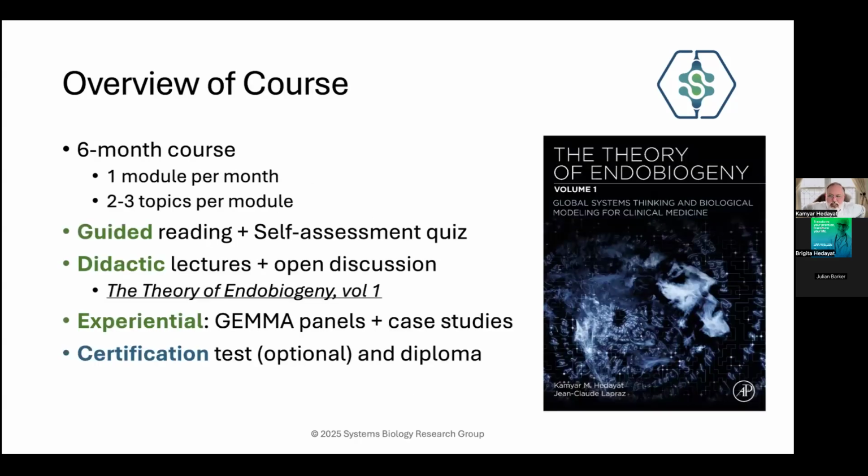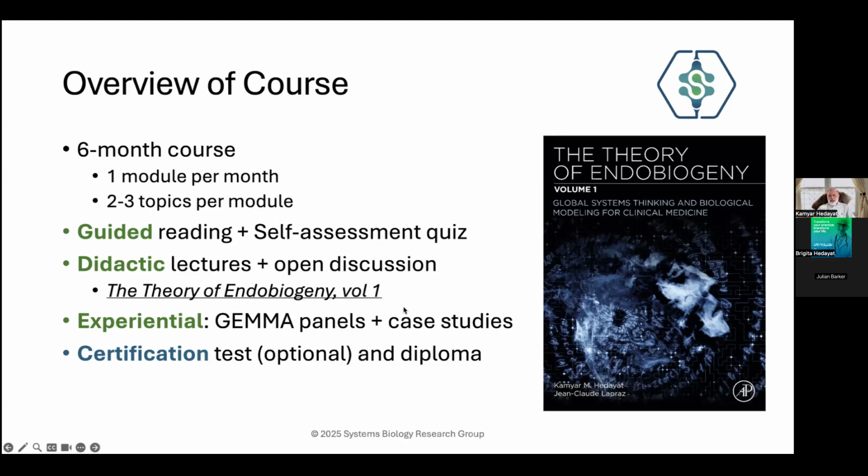The Science of Endobiogeny course is a 6-month course. There's one module per month, with 2 to 3 topics per module. We use a mix of 3 different styles to respect your time and help you maintain a work-life balance. The first is that in preparing for the lectures at the end of every month, you'll be given a schedule of reading, which is self-guided.